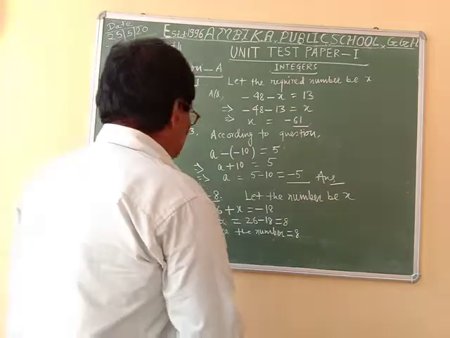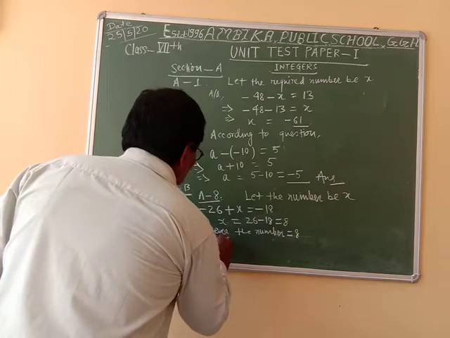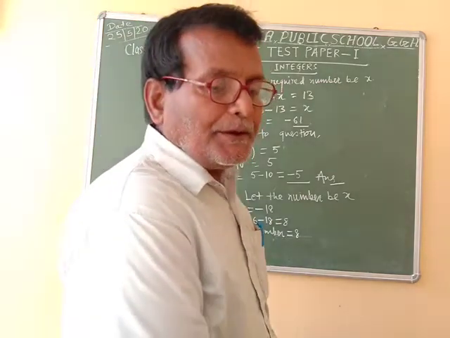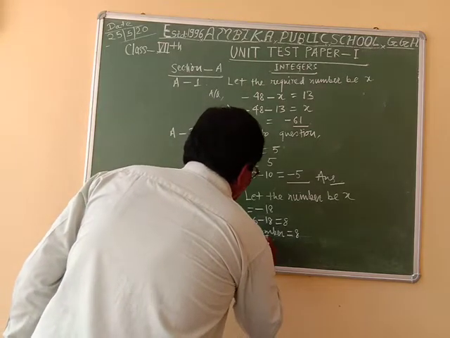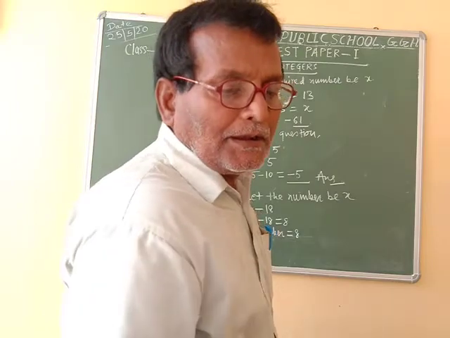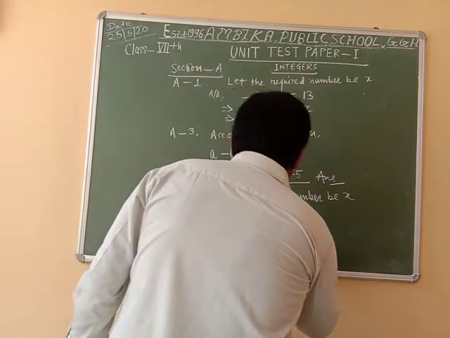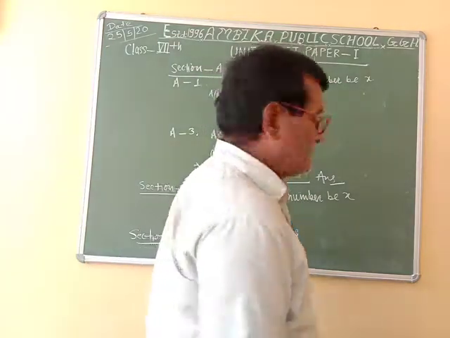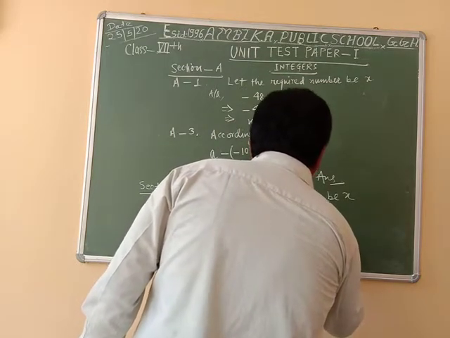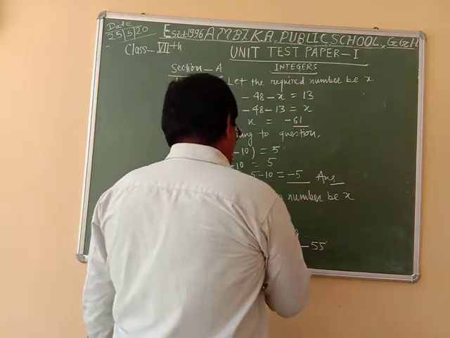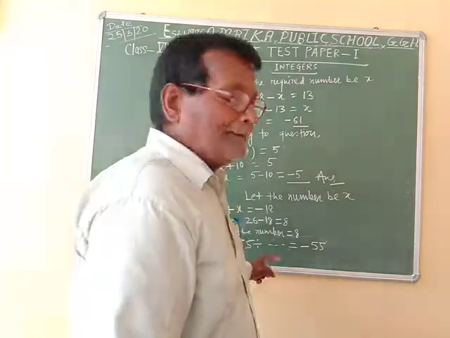Question number 15: 55 divided by blank is equal to minus 55. We have to fill in the blank. We have to find the missing number.